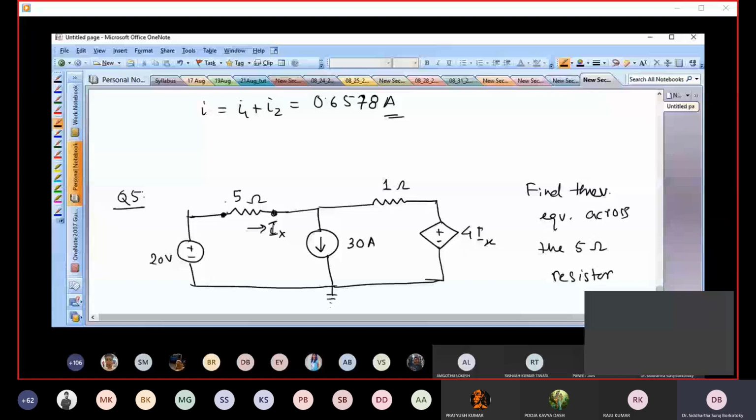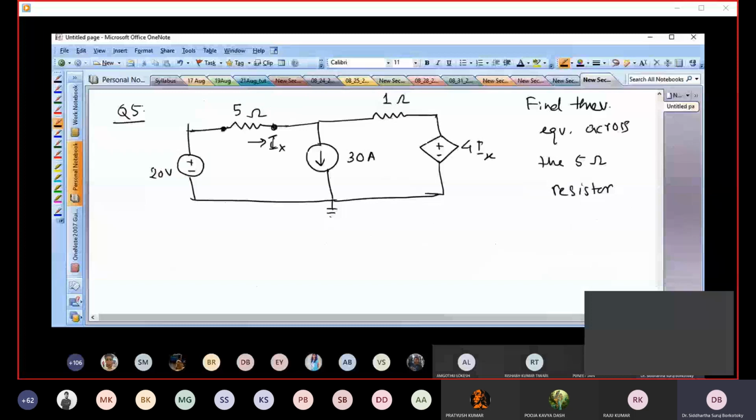So to find VTH, let's first find VTH. What do I do for finding the Thevenin equivalent? The step here is to just open circuit the output. So open circuit this output.